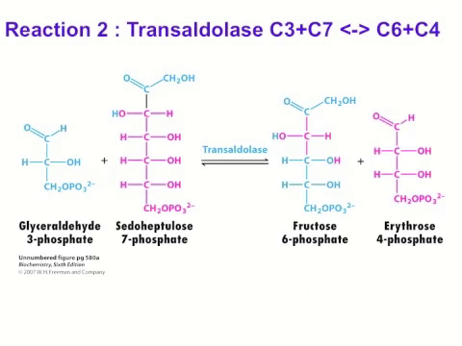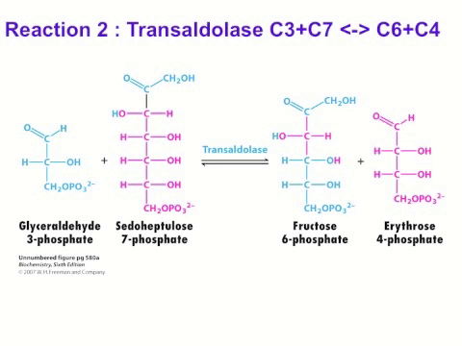Now in this reaction, we're going to take the products from the previous one, glyceraldehyde 3-phosphate and sedoheptulose 7-phosphate, and this time we're going to transfer 3 carbons. So transaldolase transfers 3 carbons. We're going to take 3 carbons from sedoheptulose 7-phosphate, and we're going to add those to glyceraldehyde 3-phosphate.